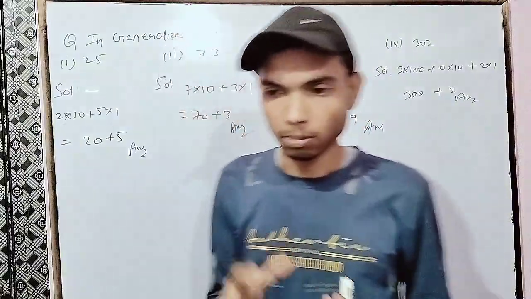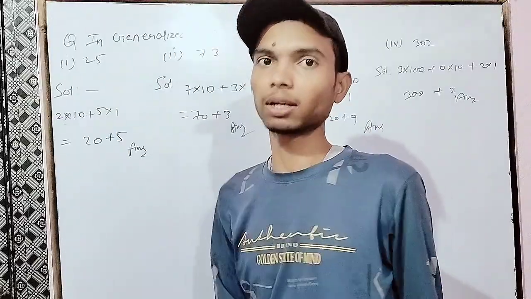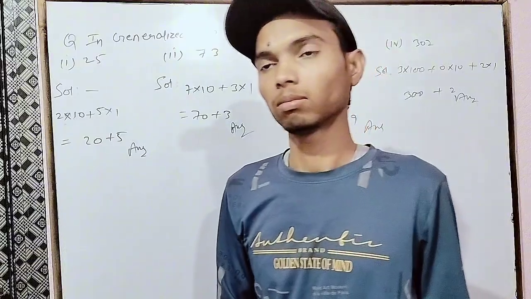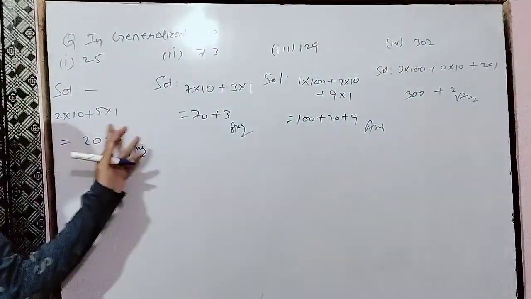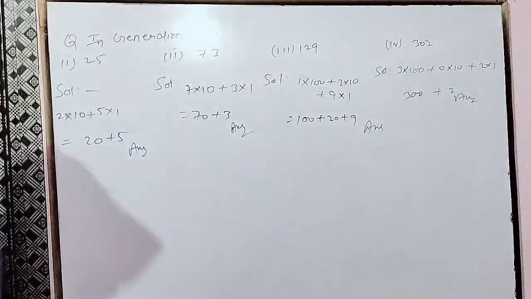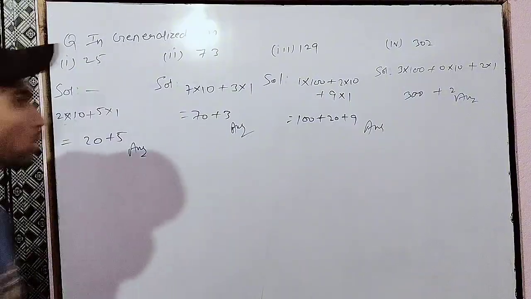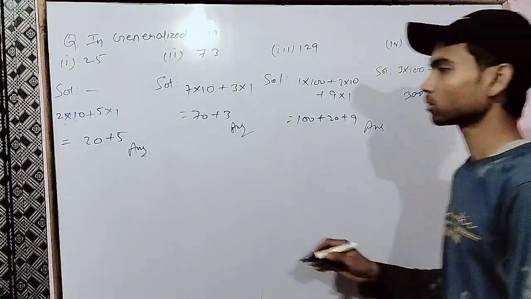Now we will take some numbers which are in general form, and we will be converting general form numbers into usual form. So here these are in general forms and these are in usual form. Just have a look.